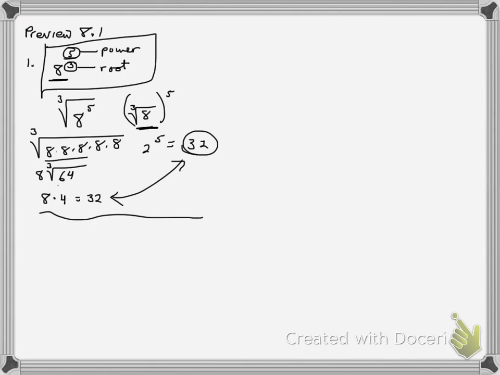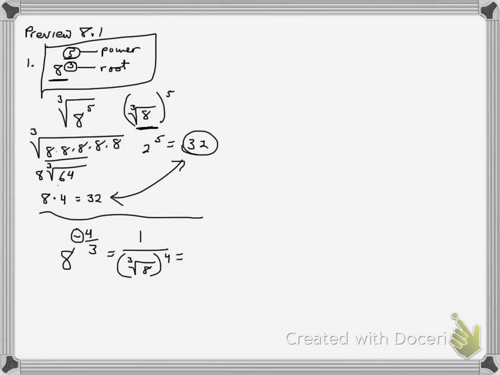Now here's another example. 8 to the negative 4/3. Well, again, I like taking the cubed root of 8 because that's simple to me. So this will be, but now the negative says that it's going to be in the denominator. So this will be the cubed root of 8, and then take that to the 4th power.